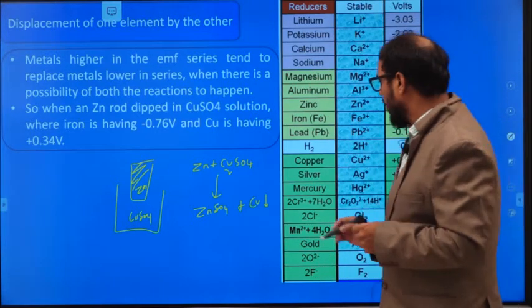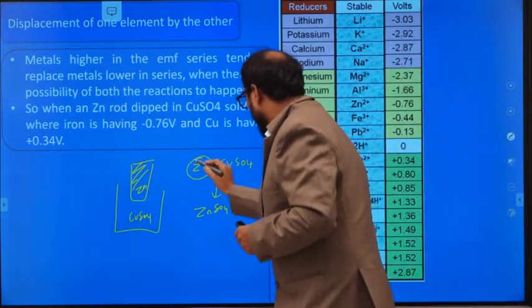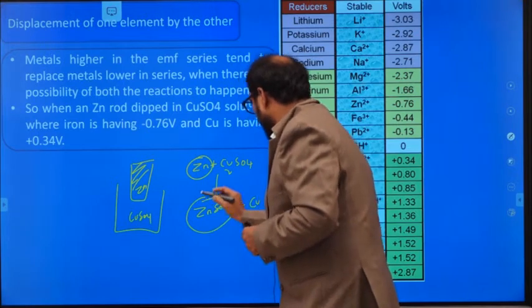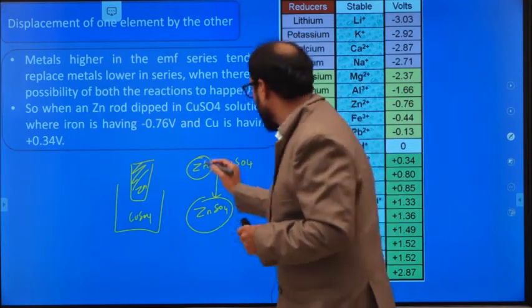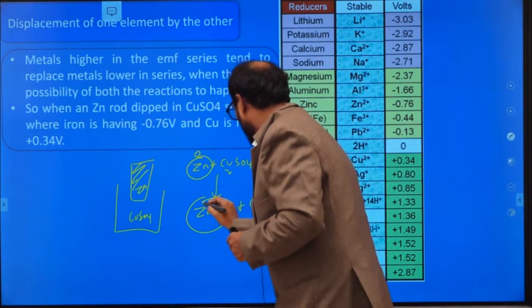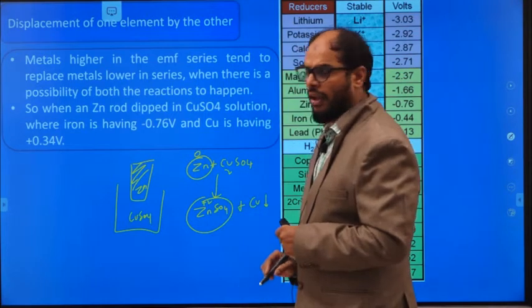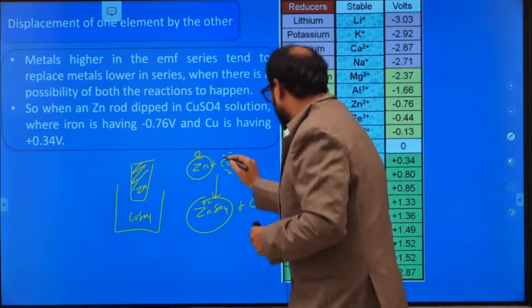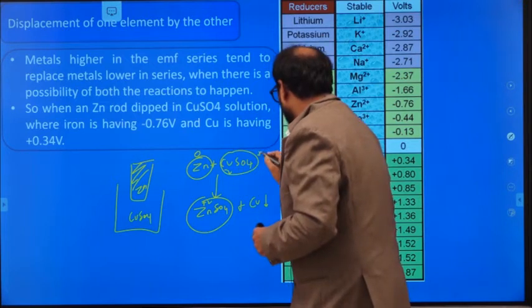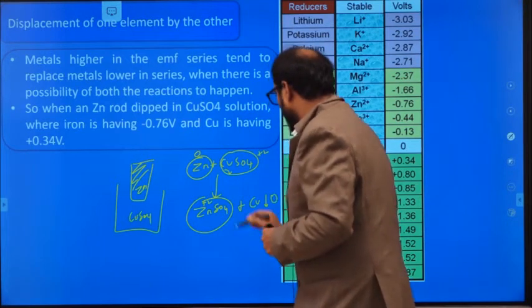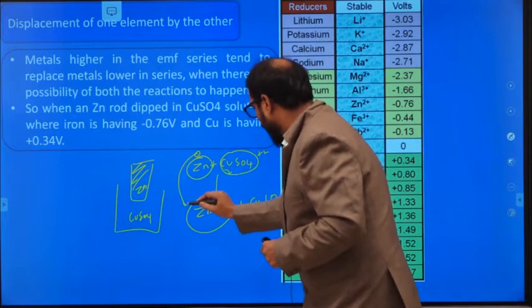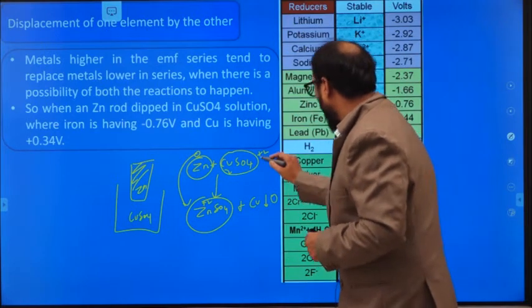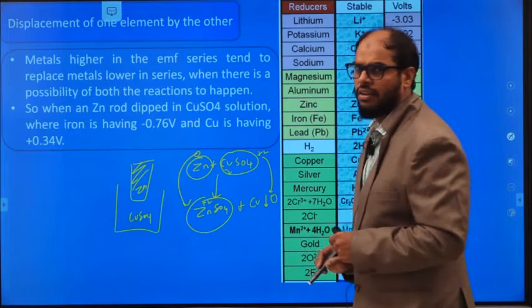Whenever zinc is converted to zinc sulfate, the oxidation state of zinc changes from 0 to 2, and copper changes its oxidation state from 2 to 0. So zinc is undergoing oxidation and copper is undergoing reduction.